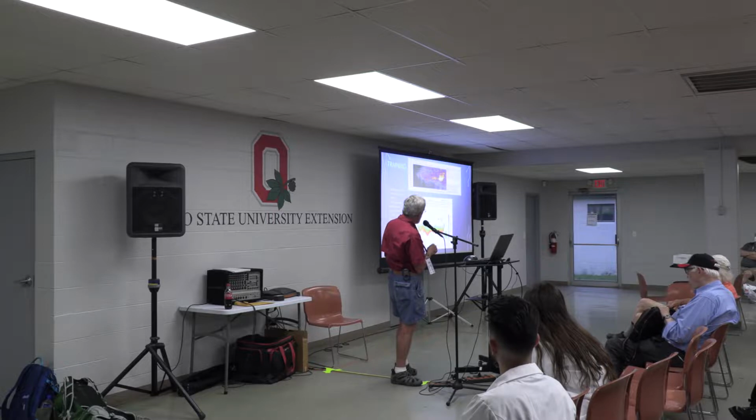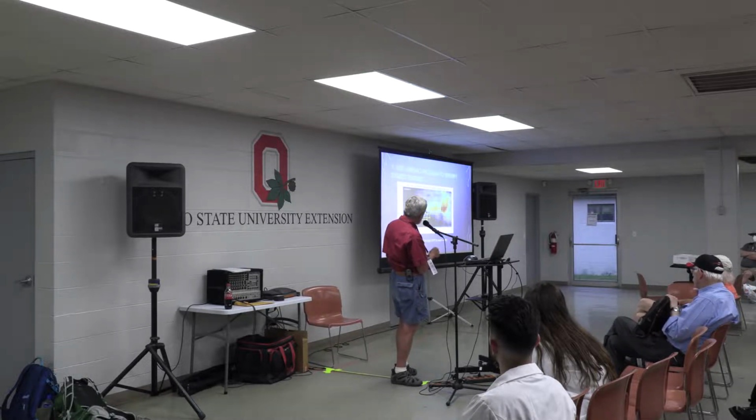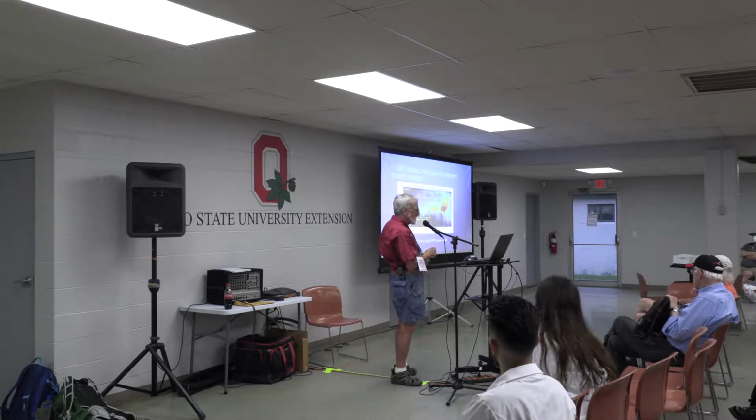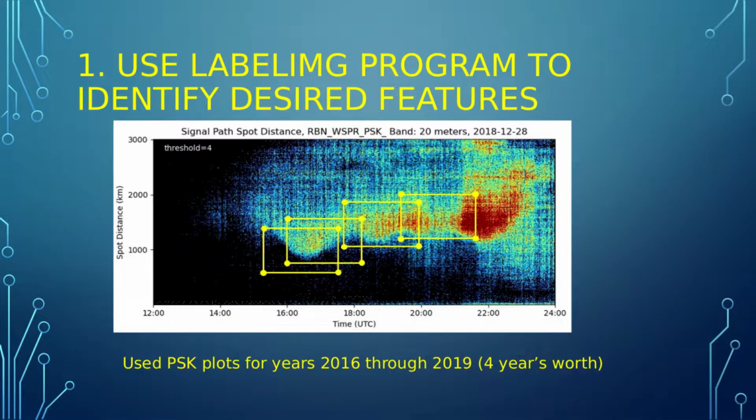What you have to do is identify ones that have this sinusoidal looking pattern and then draw boxes around those areas that appear to be part of a TID. And the system saves a file of that, and then when you run your training cycle, it's going to train the system to look for those kinds of features in new images that you show it, novel images it hadn't seen before.